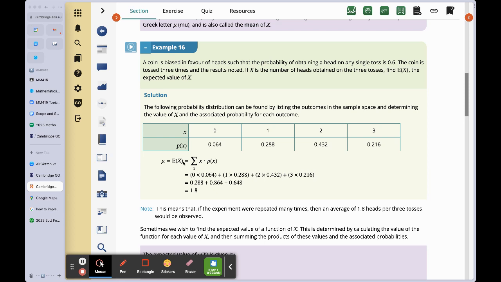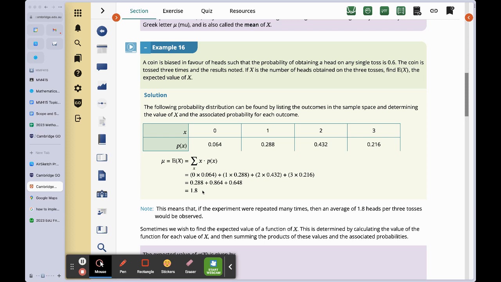I would go straight from E of x is equal to, and then I would just be going 0 times 0.064, 1 times 0.288, 2 times 0.432, and 3 times 0.216. Add them all up, and you get 1.8, which means that on average, every time you did that experiment, you would get 1.8 heads across the three tosses.